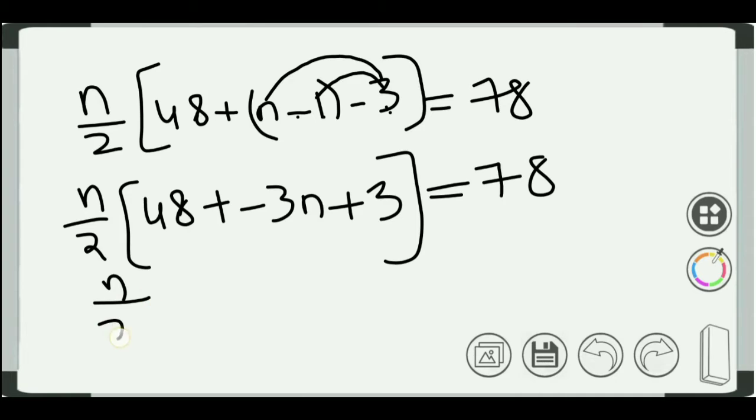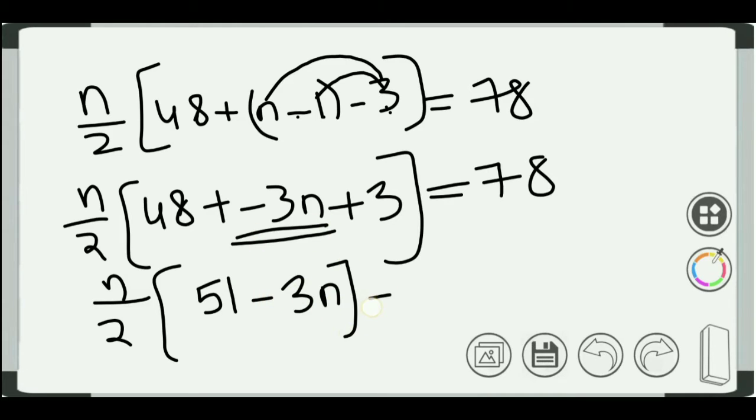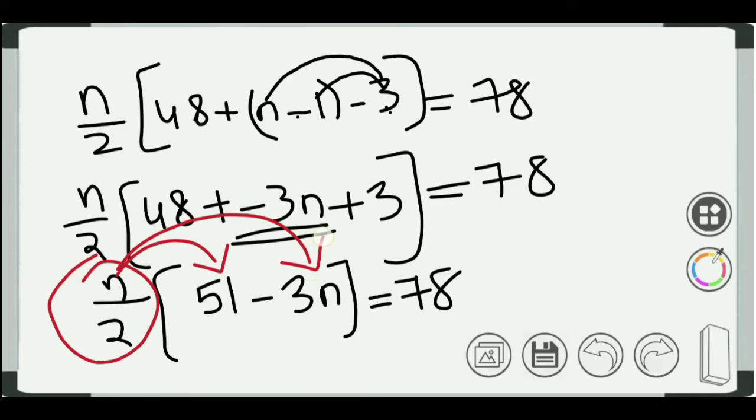So n by 2 into 51, what is remaining? Minus 3n equal to 78. Now I'll be giving this n by 2 to both 51 and minus 3n.